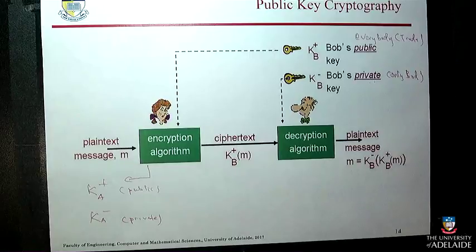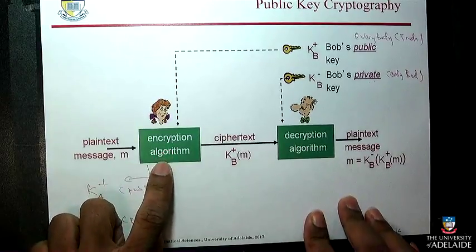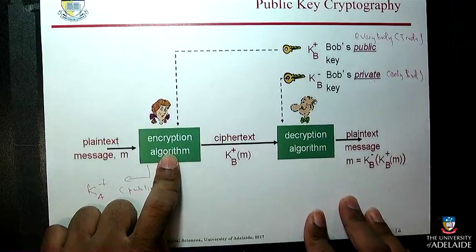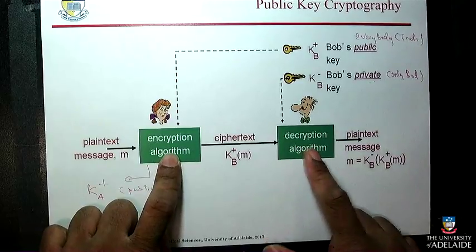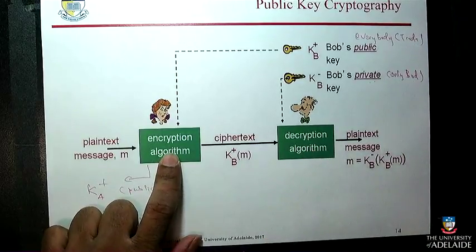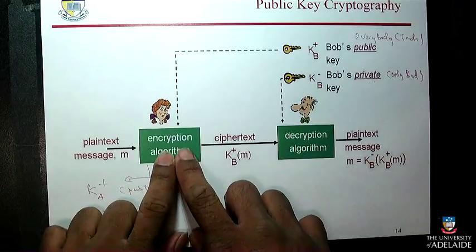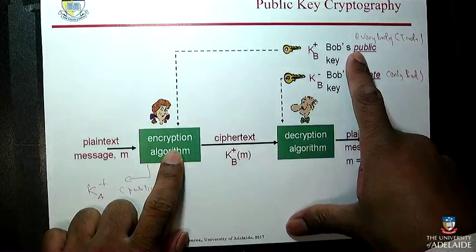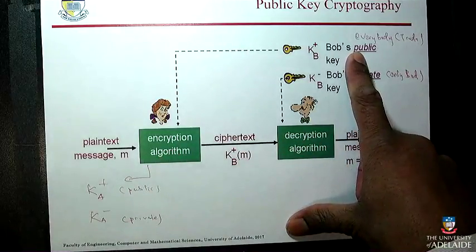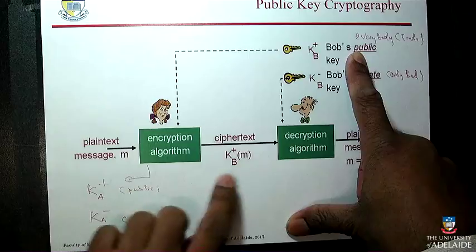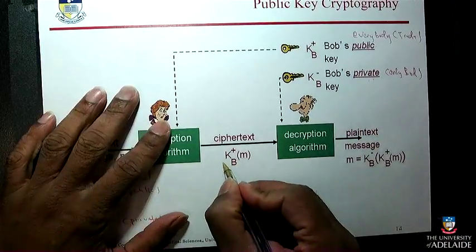So when Alice wants to send a message to Bob confidentially, which means encrypt the message so no one can read it, what Alice does is look up Bob's public key. Anyone can look it up. And then she uses the public key to encrypt it.